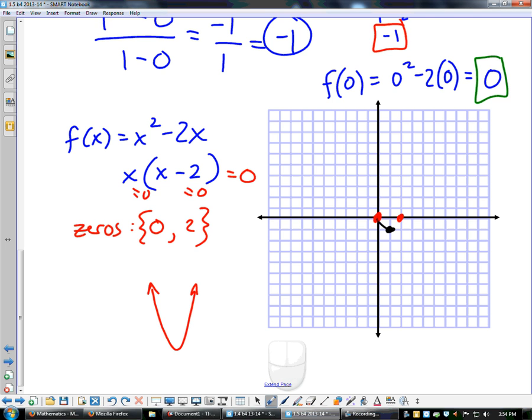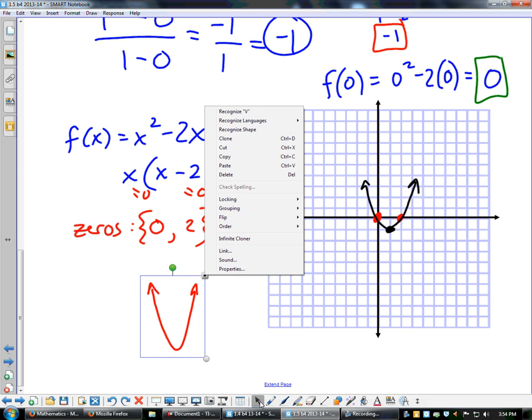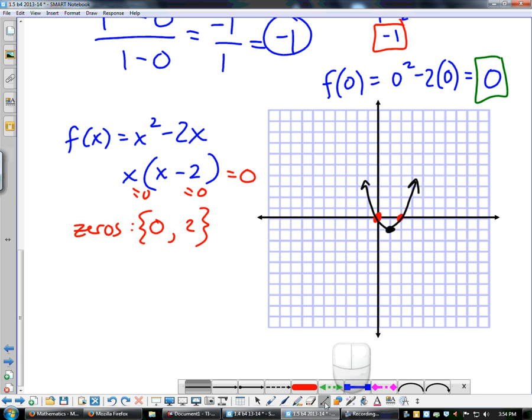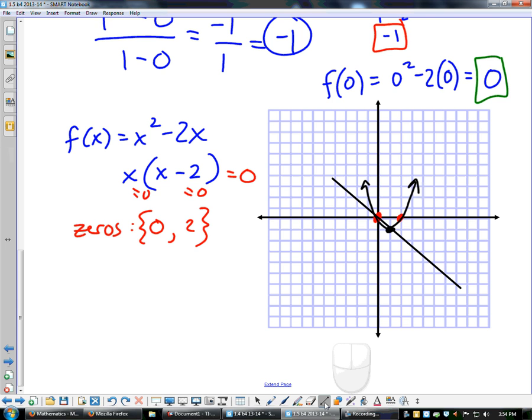So my graph would look something like this, and I'm looking for the secant line, and the secant line would be the line that goes through 0, 0, and 1, negative 1. So something like this.